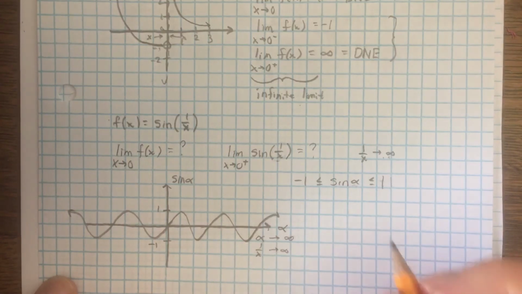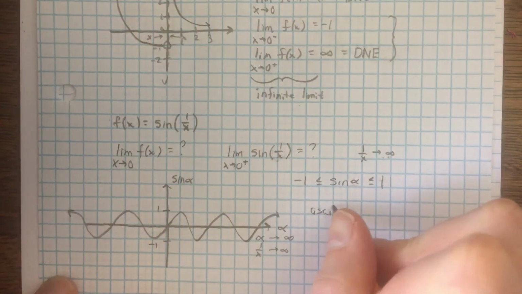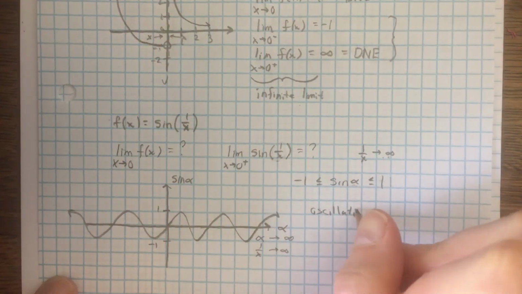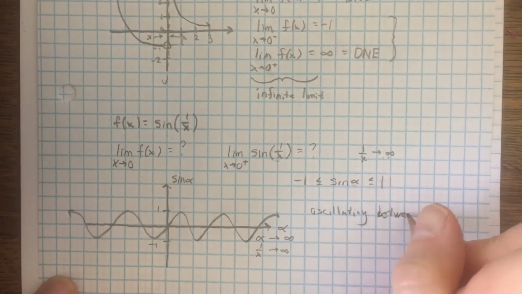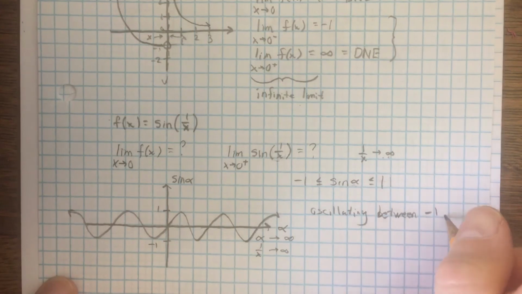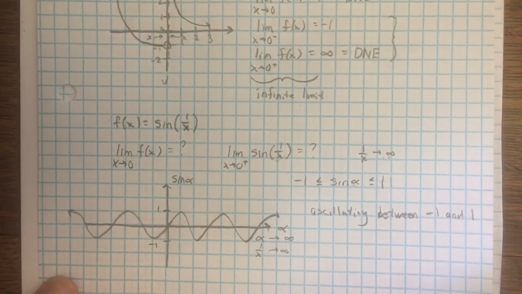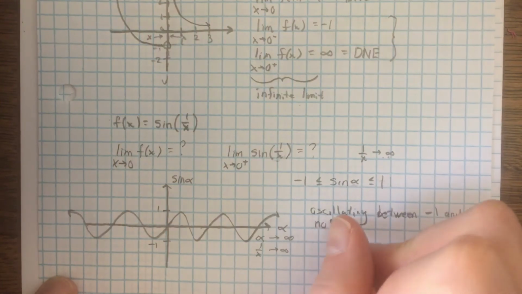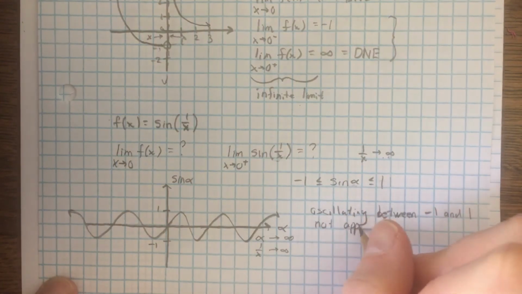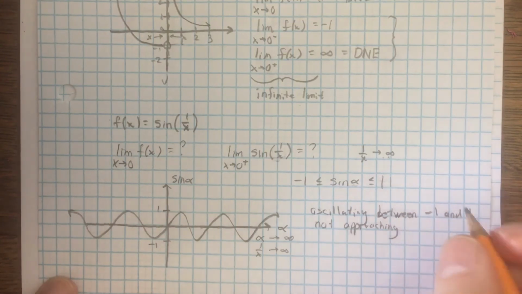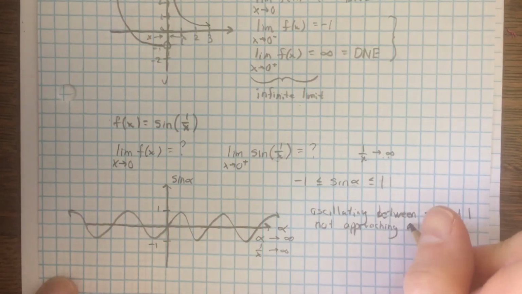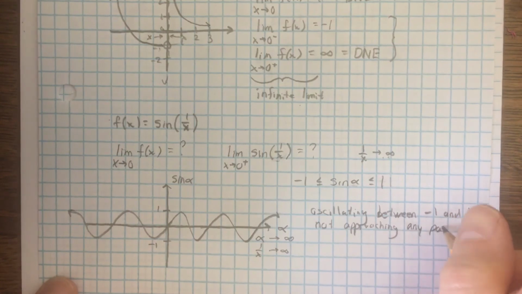It's just oscillating back and forth between -1 and 1 forever. It's not approaching anything in particular. Any particular value.